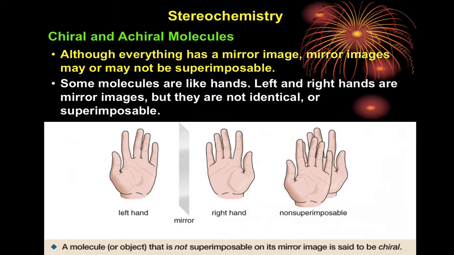I have a right hand and I have a left hand, and they are different. If I hold my right hand up to the mirror, I see my left hand. If I hold my left hand up to the mirror, I see my right hand. So we have this non-superimposable mirror image relationship. And that's exactly what we have when we have a carbon atom with 4 different things attached to it.